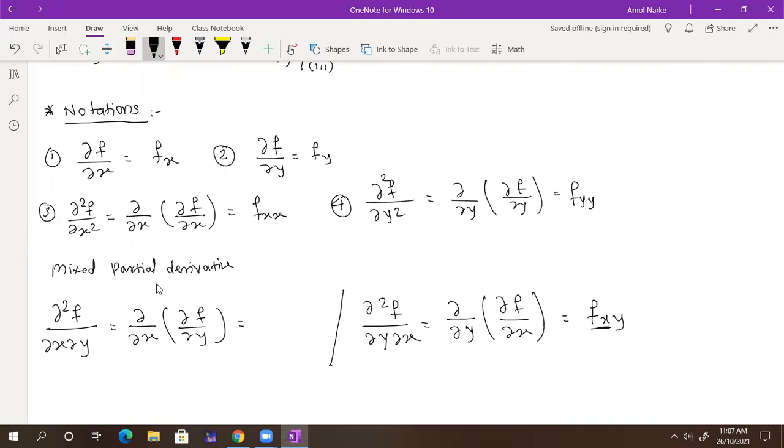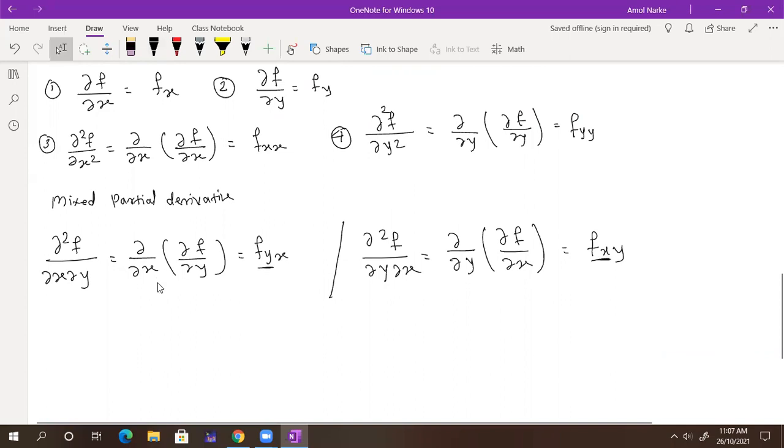And here we have fyx, which means differentiate with respect to y first and then with respect to x. Keep that in mind, it is important. Also, you can write fxy as the partial derivative with respect to y of fx.